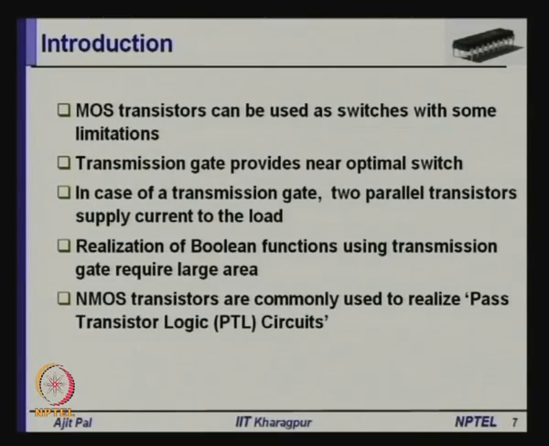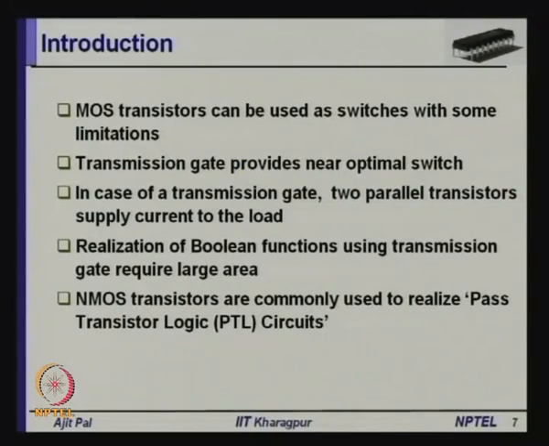So, that is the reason why instead of using transmission gate, NMOS transistors are commonly used to realize pass transistor logic circuits. That means, in switch logic, whenever you realize Boolean functions using a transistor as switch, usually an NMOS transistor is used as a switch instead of using transmission gate, although transmission gate is closer to an ideal switch.